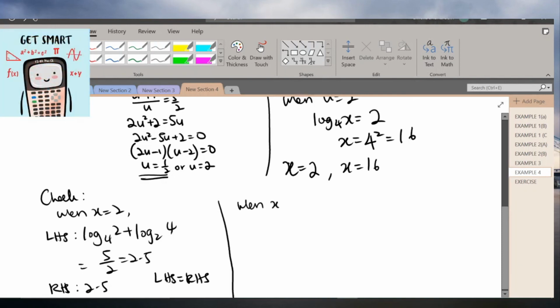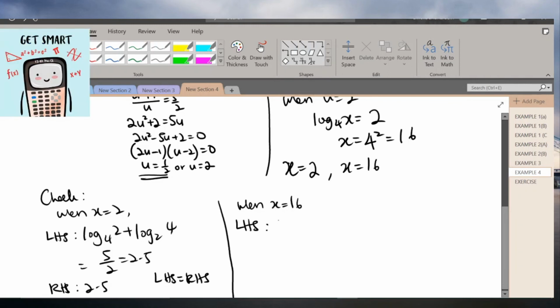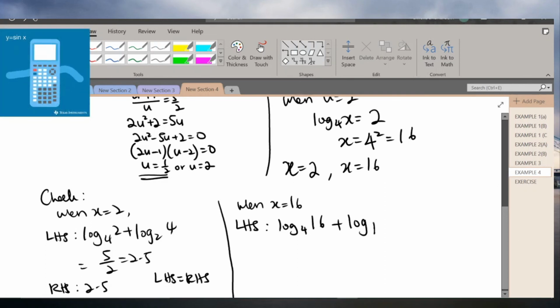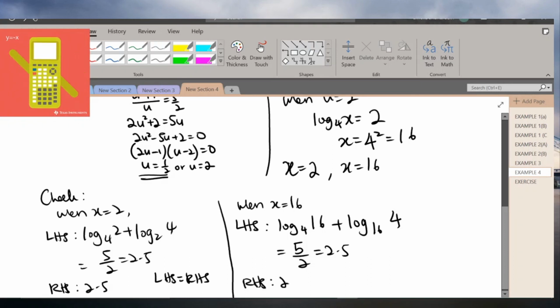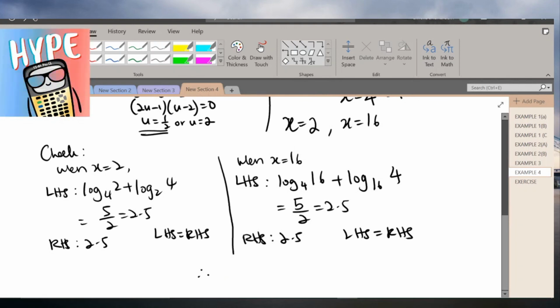When x is equal to 16, the left hand side will be log base 4 of 16 plus log base 16 of 4. And this will again be 5 over 2 or 2.5. And our right hand side is also 2.5. That means the left hand side is equal to the right hand side. So the conclusion is our answer is x equals 2 and x equals 16.